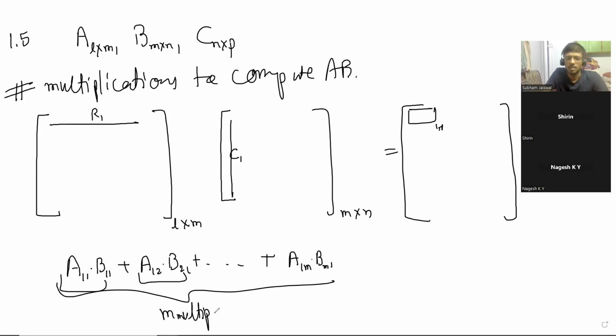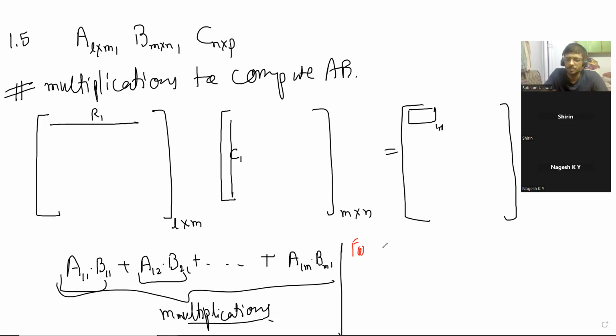So to find each entry, to find 1,1, you need M multiplications. So you will write, to find ijth entry, how many multiplications will be needed? M. Why will it change? Our conclusion is, you see, I'm not doing anything. I'm just telling you the rule and just unpacking it.